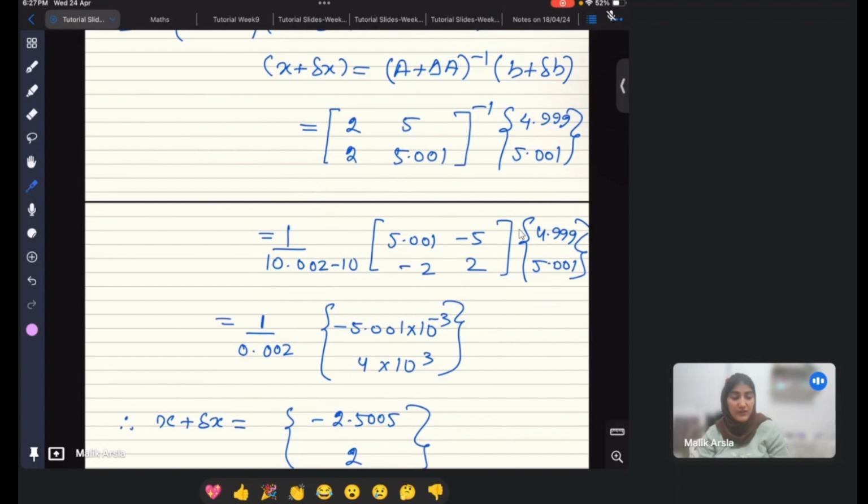Now you will calculate the eigenvalues for this matrix. The characteristic equation, you know how to write it: the determinant of A transpose A minus lambda I is equal to 0.